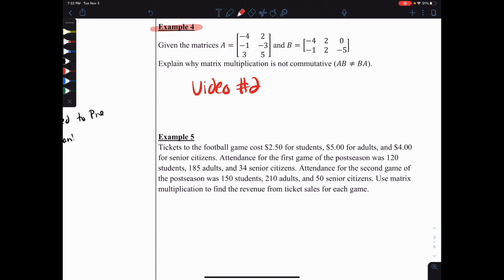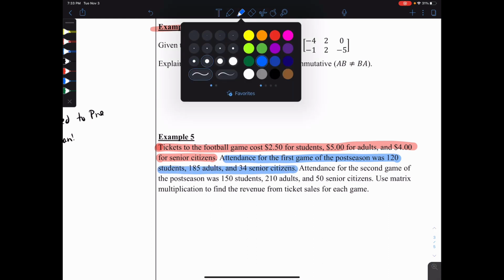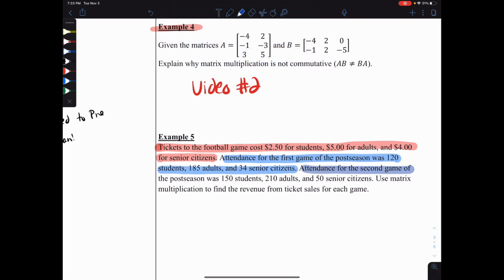So we should see here is we're selling tickets to a football game, and we're charging different prices based on the age categories. Then we have some information about attendance for the first game. And we also have information on attendance for the second game. And what the question is asking us to figure out is to find the revenue from the ticket sales for each game.